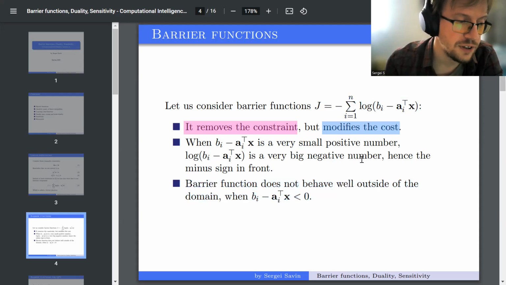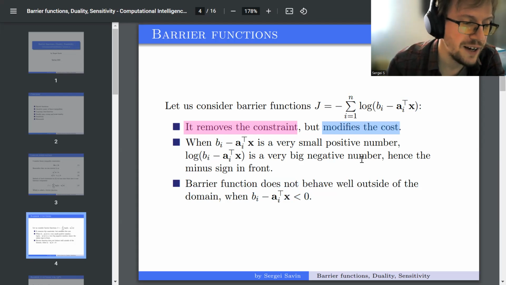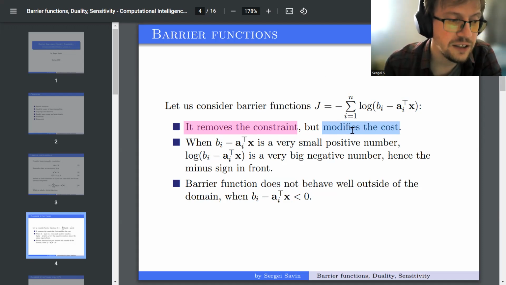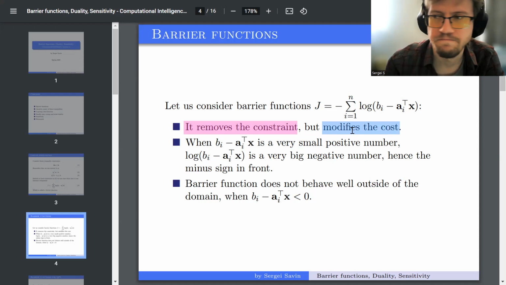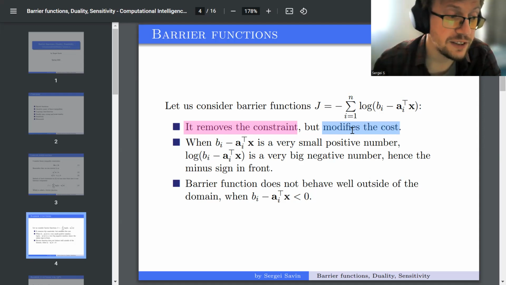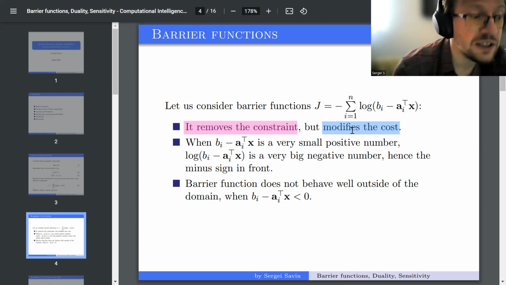Your solver, let's say CVXPY, uses barrier functions in order to solve your problems. So replacing all inequality constraints with barrier functions is one of the steps of methods such as the interior point method. So you replace your inequalities with this.